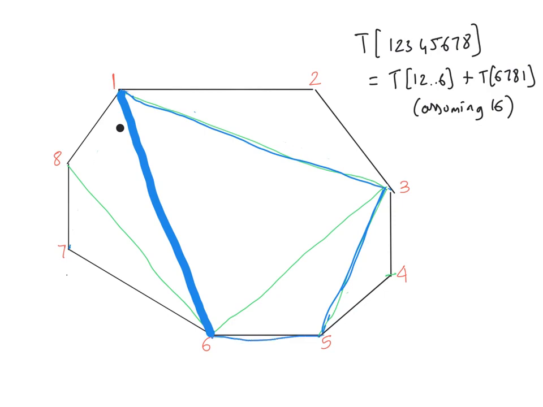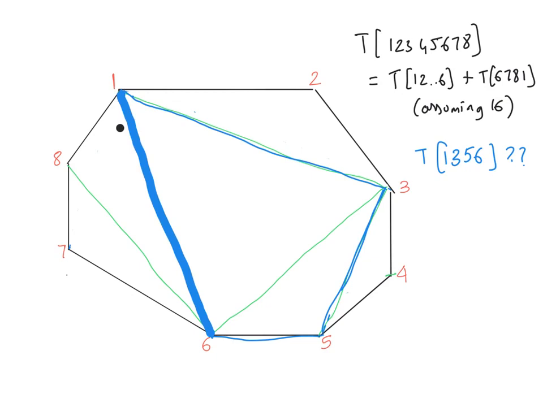So at some point I'll be talking about the minimum cost triangulation of this piece, which is 1, 3, 5, 6, and I'd be asking what is the minimum cost triangulation of 1, 3, 5, 6.